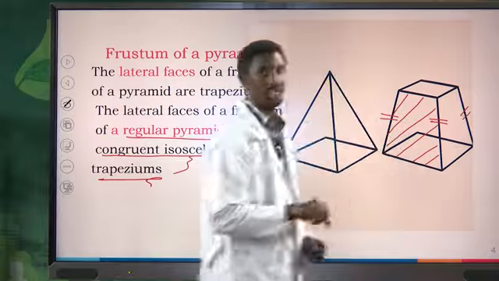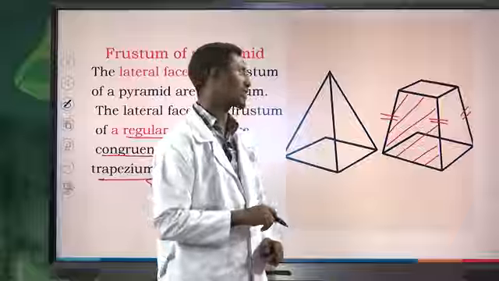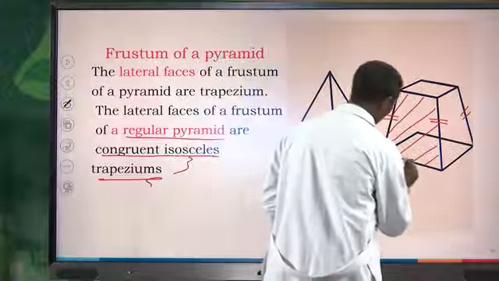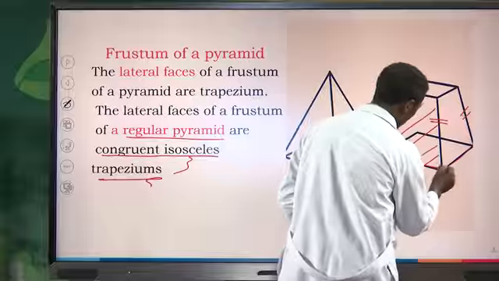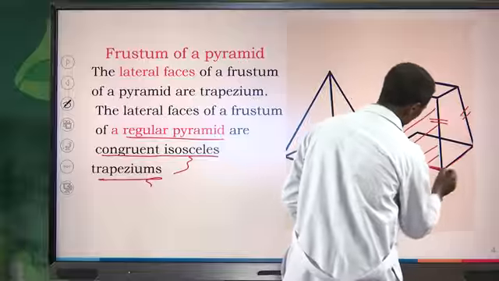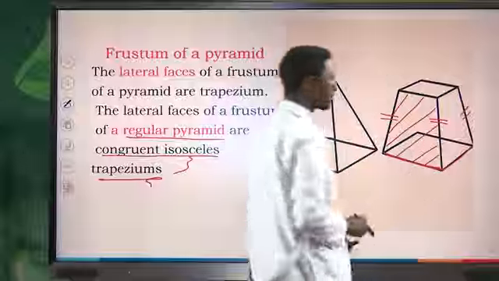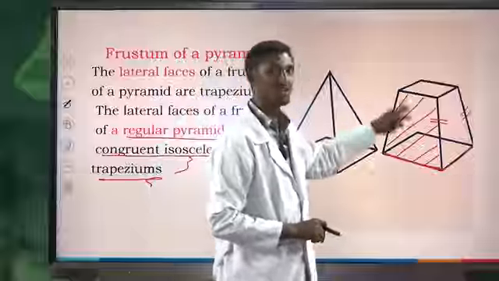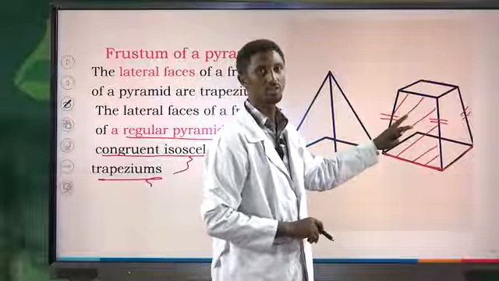Each lateral edge of a lateral face is congruent, and since the base is a regular polygon, each side edge of the base is also congruent. So the lateral faces are isosceles trapeziums.